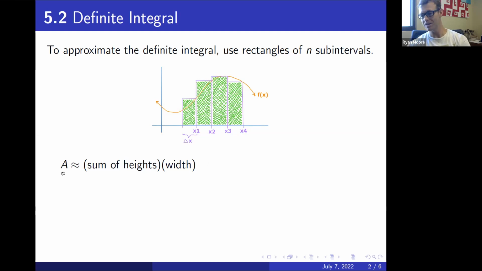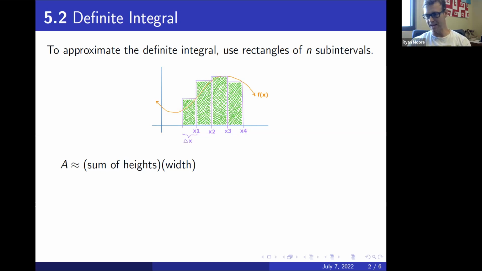So A was approximately equal to the sum of the areas of the rectangles. How did we do that? We realized we can just add all of the heights together and multiply by the width, since it's kind of like we're factoring out the width. Take the sum of the heights, multiply by the width.